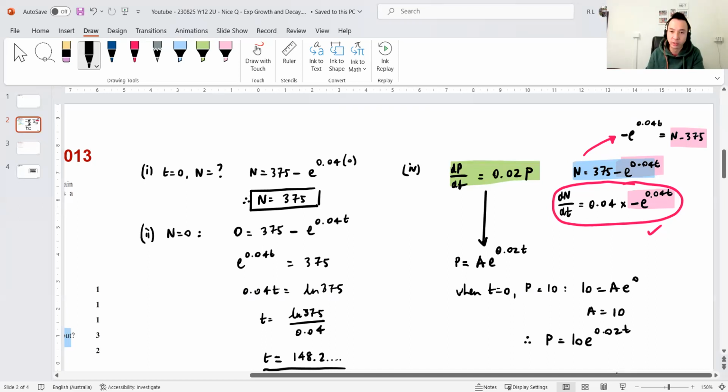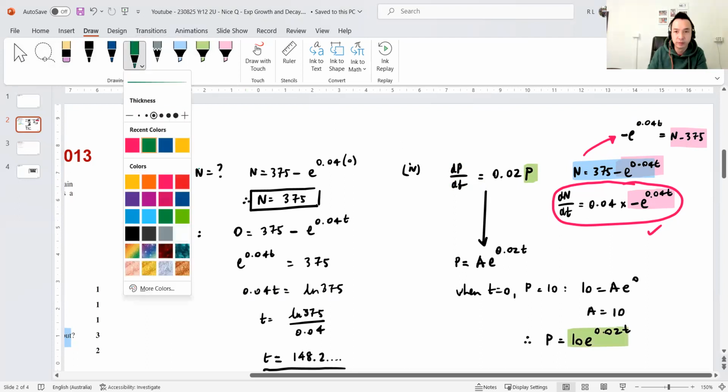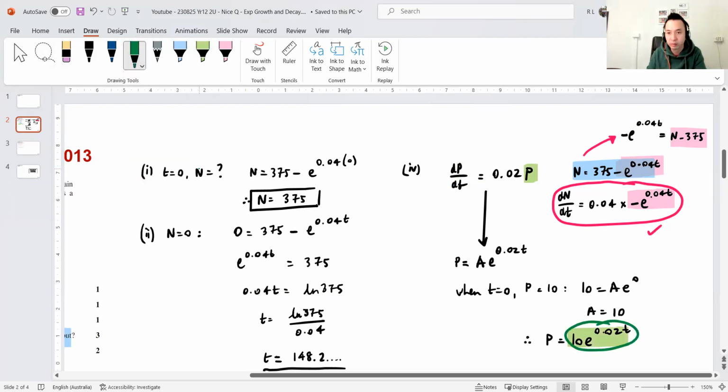Now, why am I doing this? Because now we know, I can now sub, let me get rid of the highlighting just to demonstrate, this P here, this part here, sub that into there. Because then I can get an expression for dP/dt in terms of exponential time, and I'll set it equal to the pink circle.